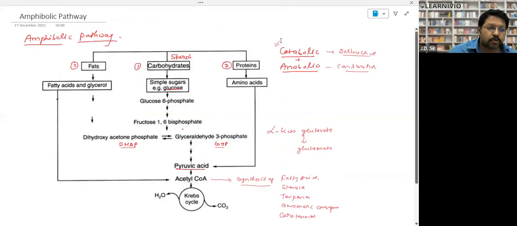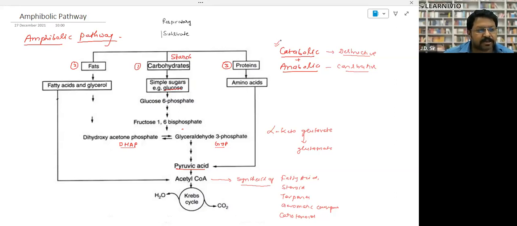I have already told you about the respiratory substrate, which we discussed in the last class. There can be multiple respiratory substrates. The main respiratory substrates are fat, carbohydrate, and protein. First, come to the fat. Fat will break down into fatty acid and glycerol.